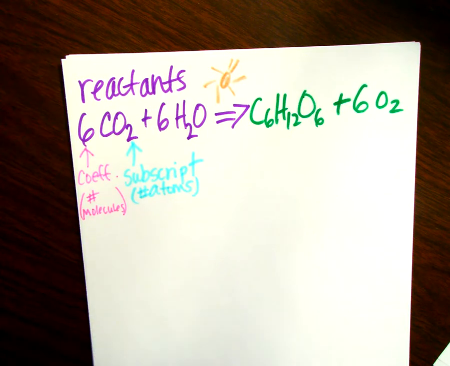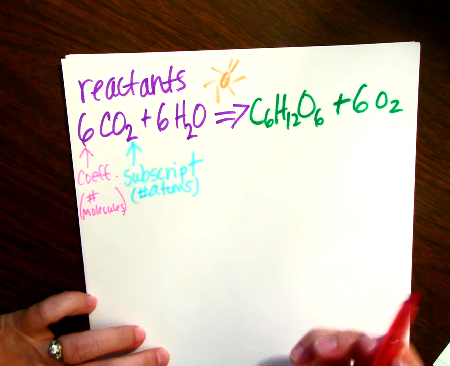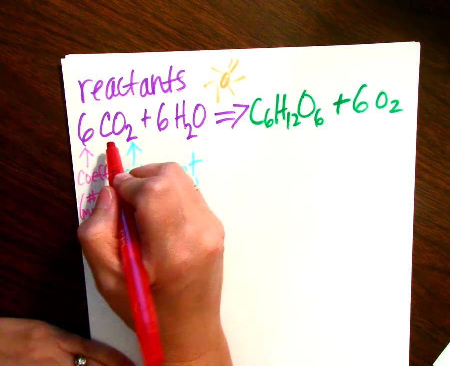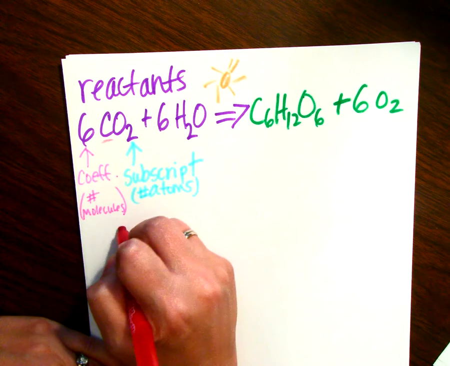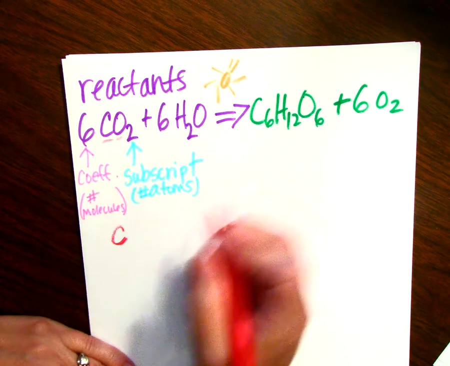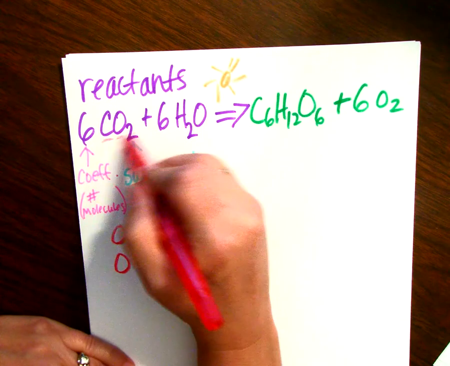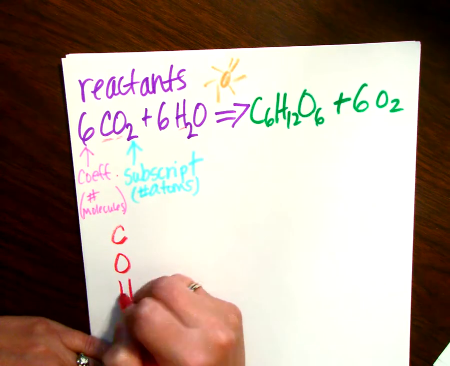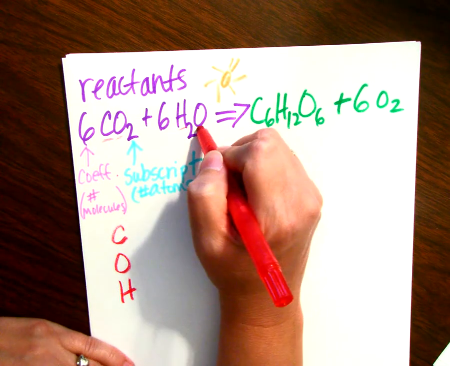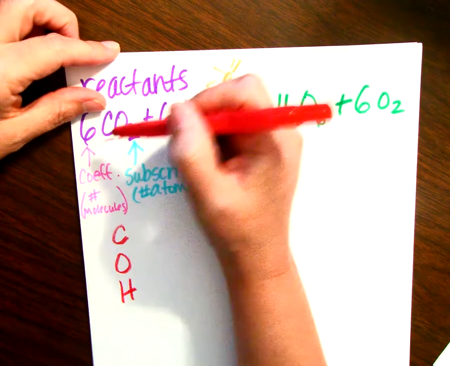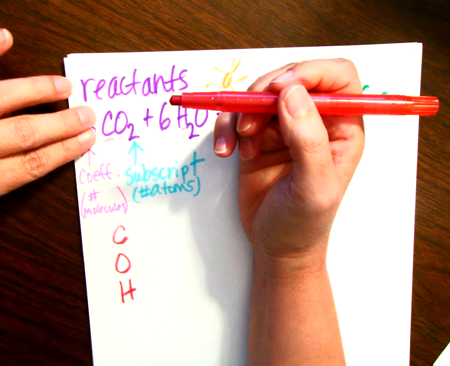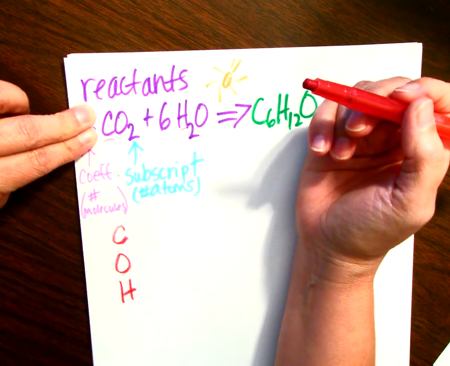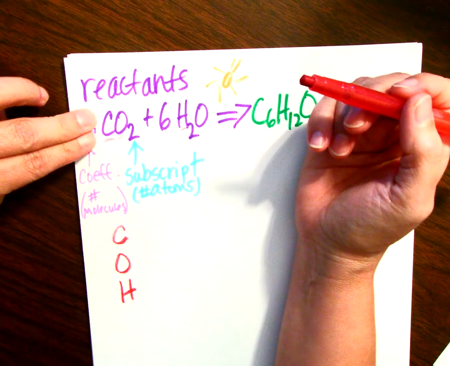Let's first write down what elements we have, or what type of atom. We have carbon, oxygen, hydrogen, and then oxygen again. Okay. So let's not think about the coefficient just yet.